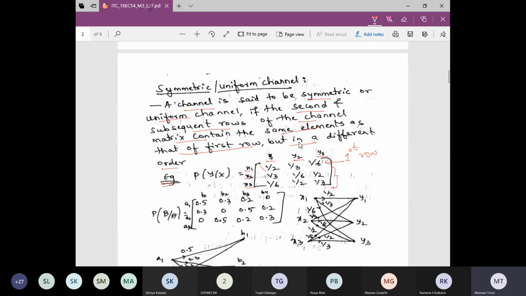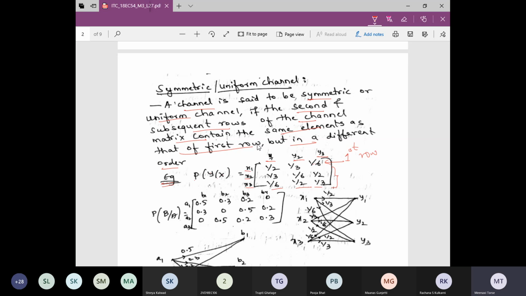Similarly, even the third row has the same elements 1/2, 1/3 and 1/6, but arranged in a different form. So a channel is said to be uniform or symmetric if the first row elements appear in the subsequent rows but in a different form.